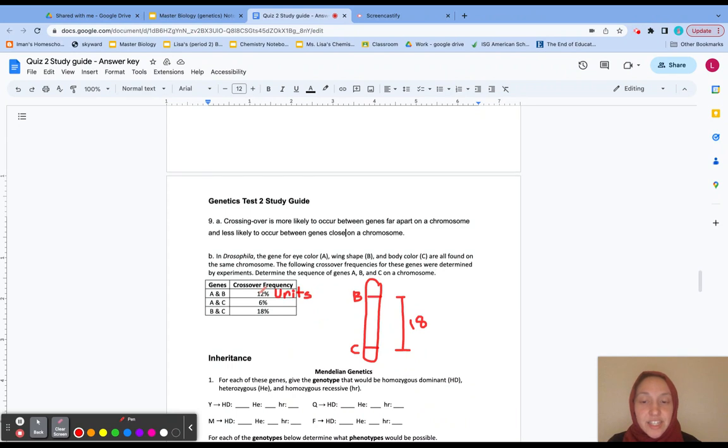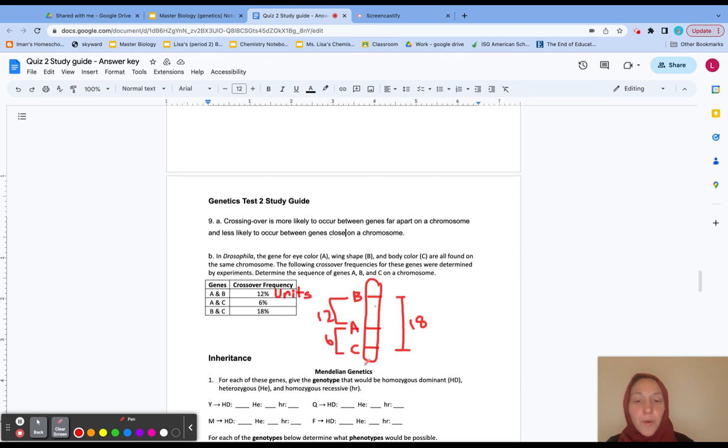I noticed that 12 plus 6 equals 18. Okay, so from A to B is 12, and from A to C is 6. And they total 18. So I'm going to say my A is between them. Okay, and my A to C is 6, and my A to B is 12.